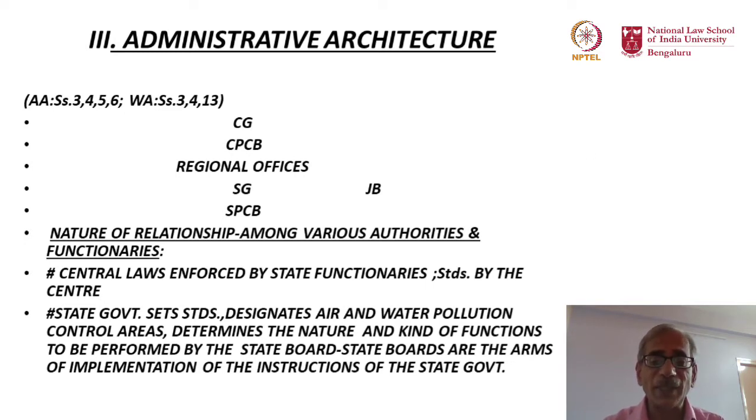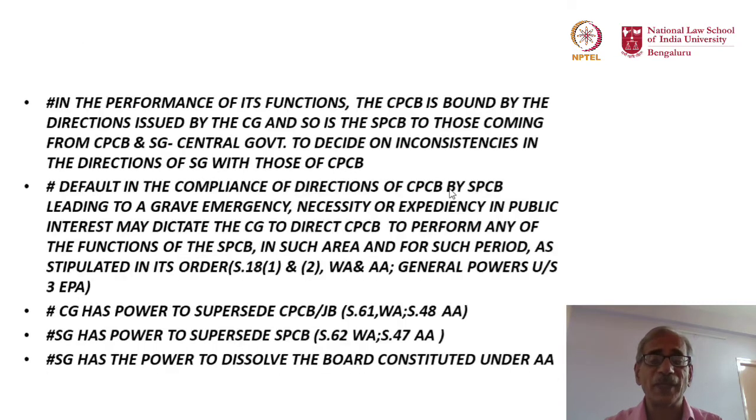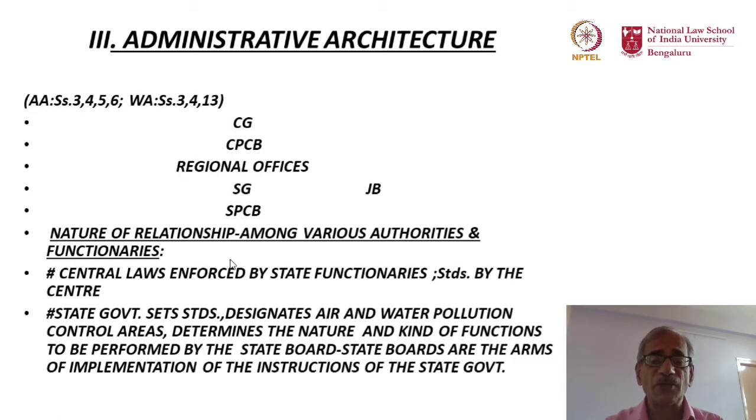Now, how are these entities related to each other? What is the relationship between central government and CPCB, state government and SPCB, regional offices, the joint board? The answer is as follows. Point number one, all laws are made by the center.